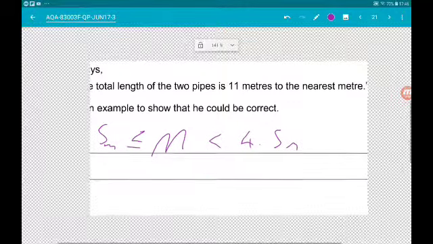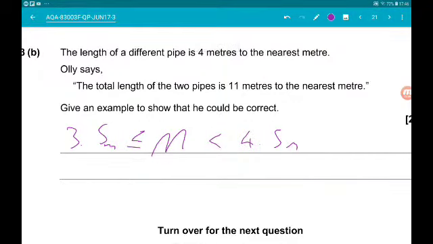So we need a length of each pipe that adds together to give us 11 to the nearest meter.